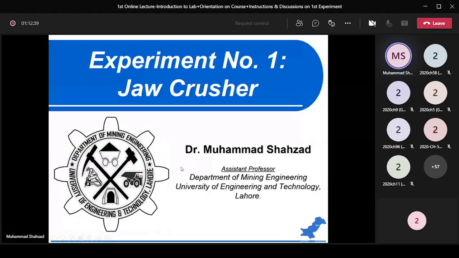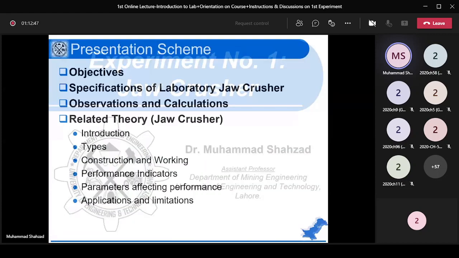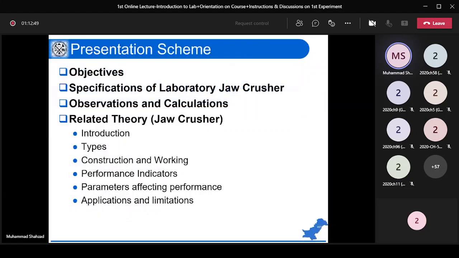Our first experiment is on jaw crusher. Here is the presentation scheme. First we are going to discuss the objectives, then there will be some information on specifications of the laboratory jaw crusher, and then the observations and calculations, and then related theory.